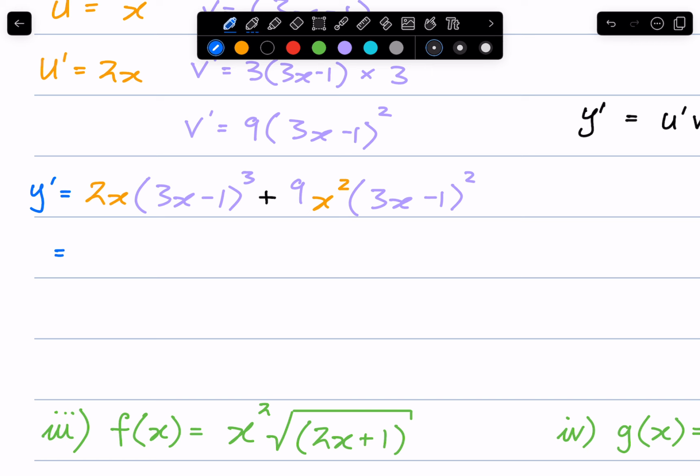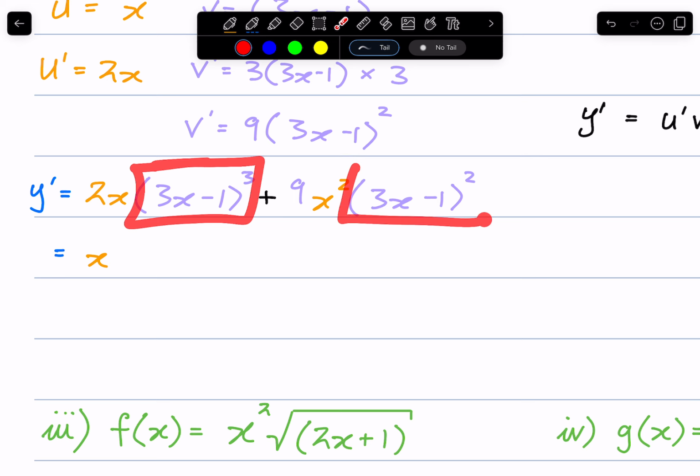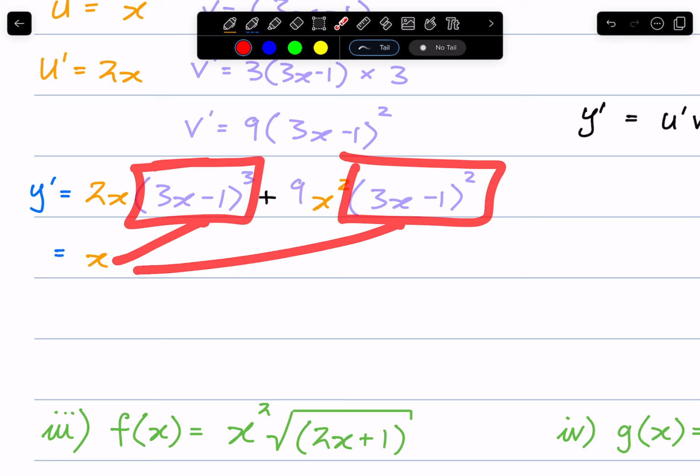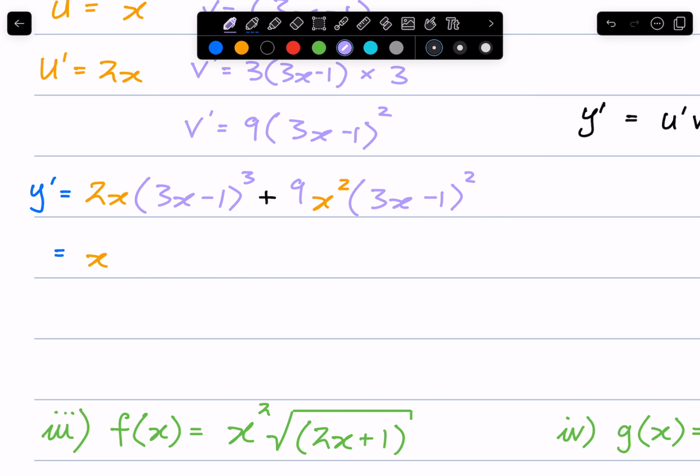So let's break this down. Notice how we can factor out x here. So we can factor out x. And notice also that this group is the exact same. So we can factor out the group. So it'll become 3x minus 1 squared.